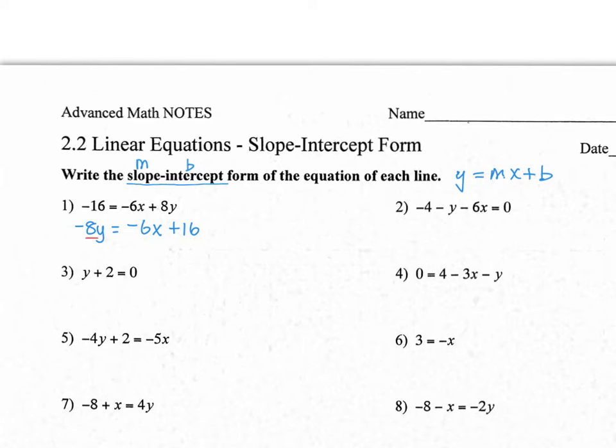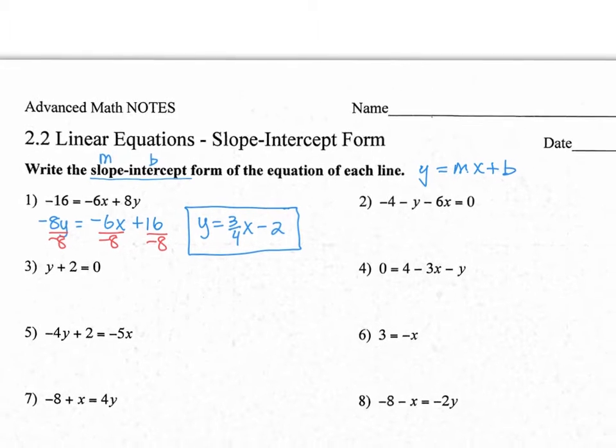It doesn't really matter to me if you show this step or not. So this would be y equal to, let's see, simplified 6/8. We could divide by 2, so that would be 3/4 x. And then this would be minus 2. So this is our slope-intercept form. So our y-intercept is -2, our slope is 3/4.